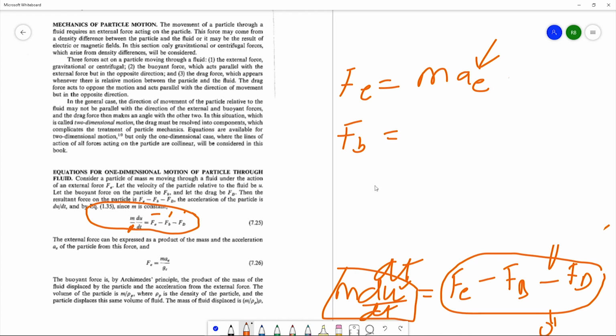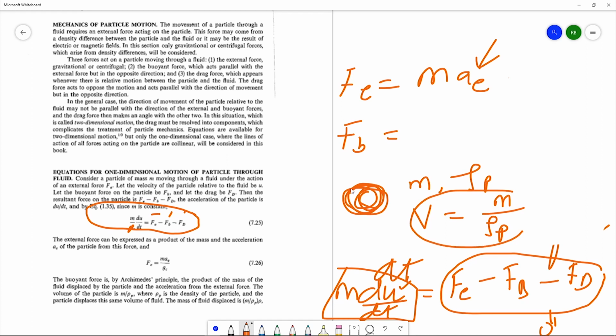So how to calculate that? So this is the particle. It is moving through fluid. What is the particle mass? m. What is the density of the particle? Rho p. So this particle displaces a volume, right? What is the volume? m by rho p, right? This will be the volume displaced by the particle.